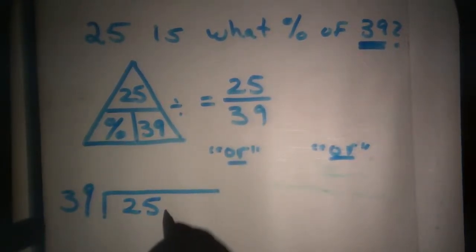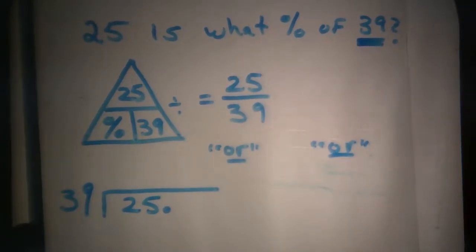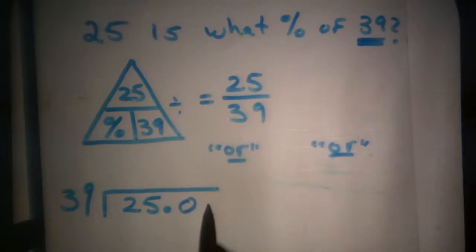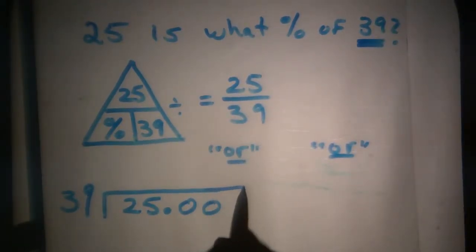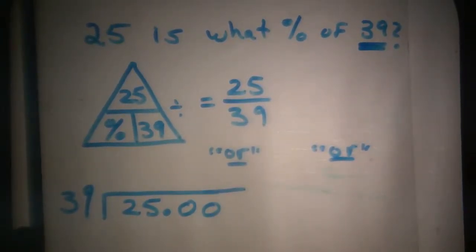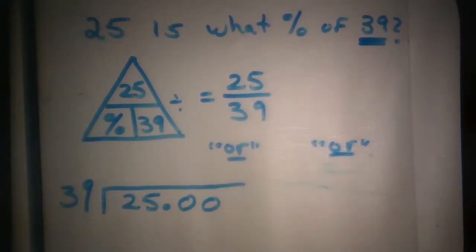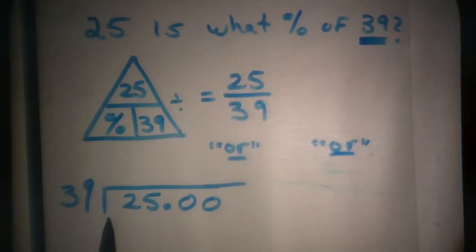Now remember, a whole number naturally has a decimal point to the right of it. We could add as many zeros as we want to the right of this decimal point. So at this time, I need to really ask myself or say this problem out loud.